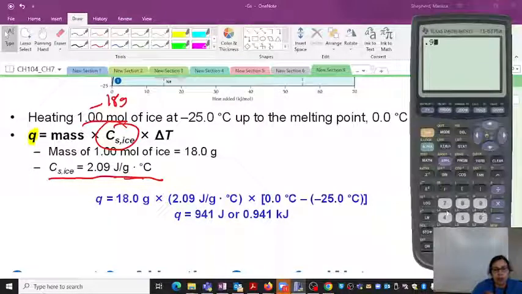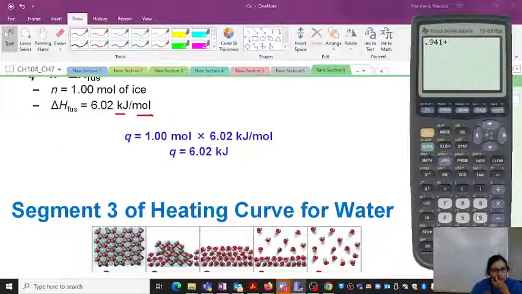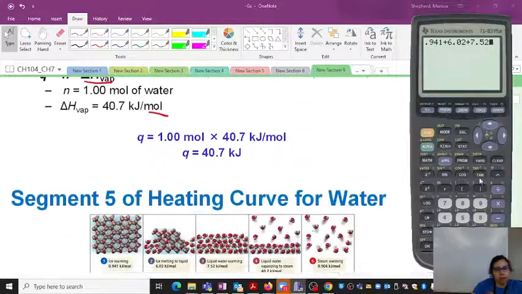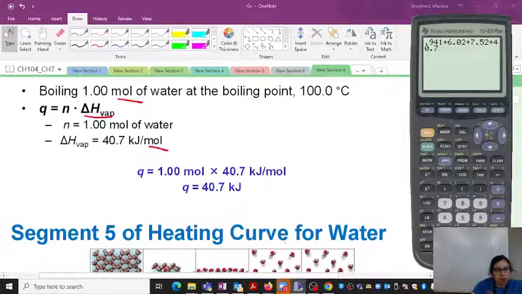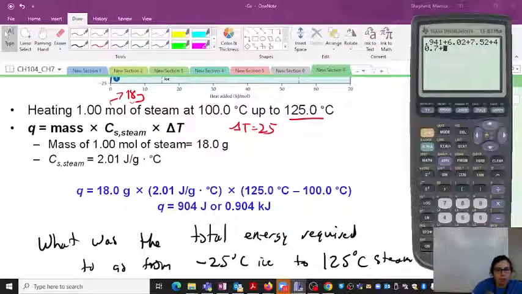So 0.941 kilojoules for our first leg, plus 0.02 kilojoules for our second leg, plus 7.52 kilojoules for segment 3, plus 40.7 kilojoules for heating up that liquid to steam, and then the last segment, plus 0.904.